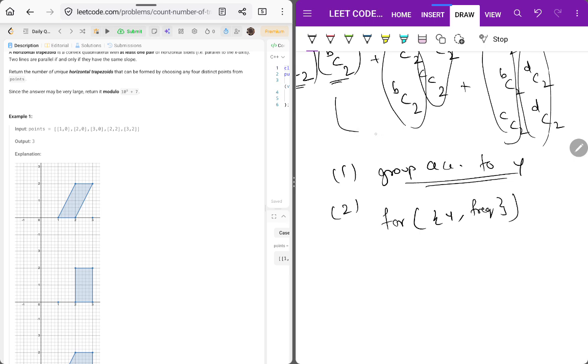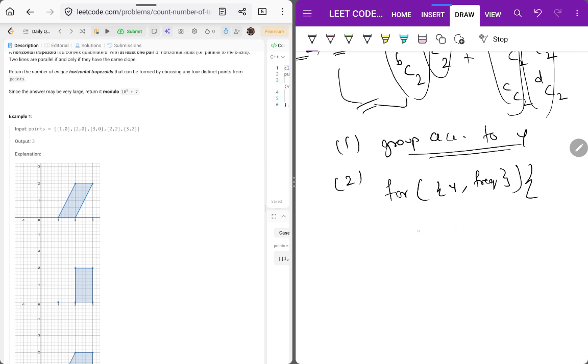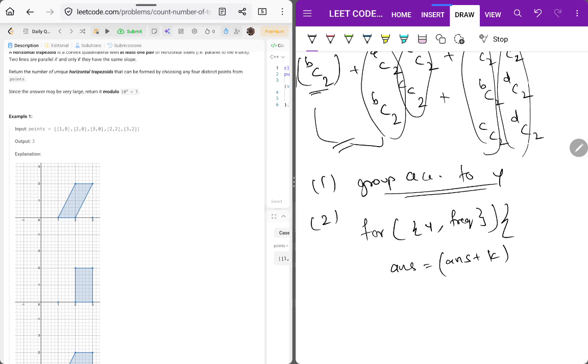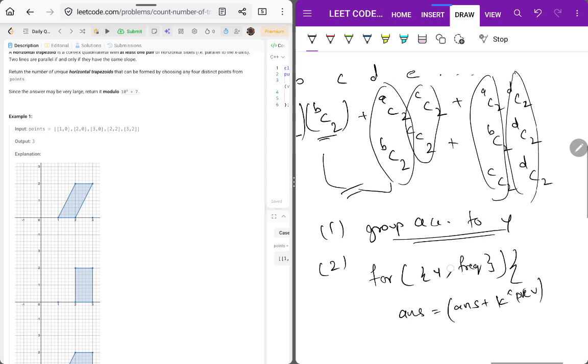Now how should we implement this is the question. So for a certain frequency, answer should be equal to answer plus k into previous, where k is the combination count for that group.